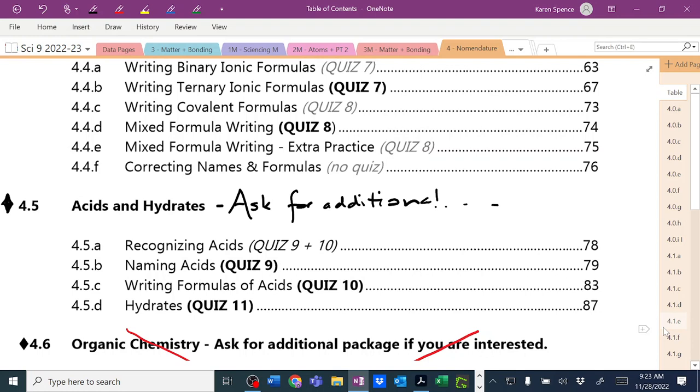Yes, please, just actually write your overview. There you go. So just right here.